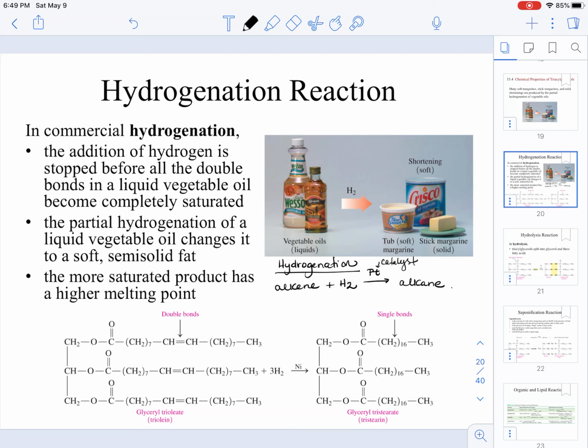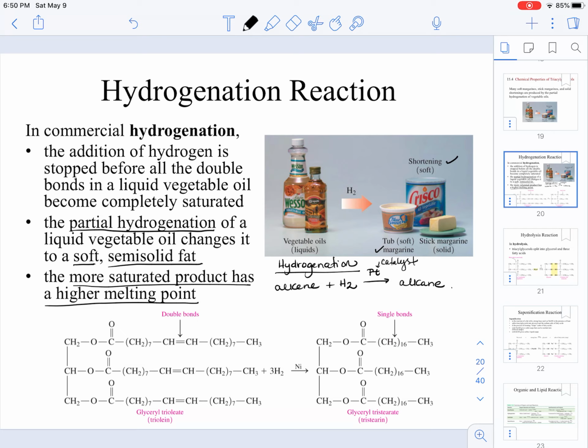Now, understand that when partial hydrogenation occurs, then that gives rise to the creation of a soft semi-solid fat. That's why we have products like shortening or margarine, okay, resulting from this reaction. The reason why this is used is because you have a more saturated product that has a higher melting point.